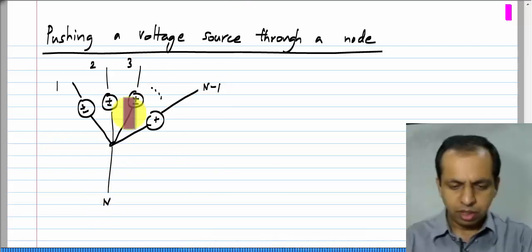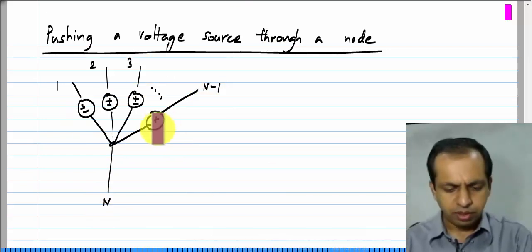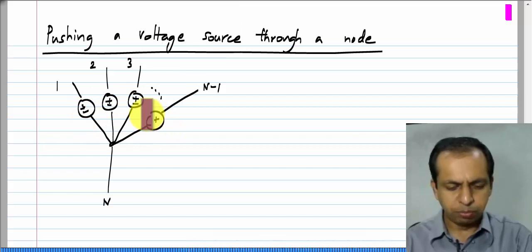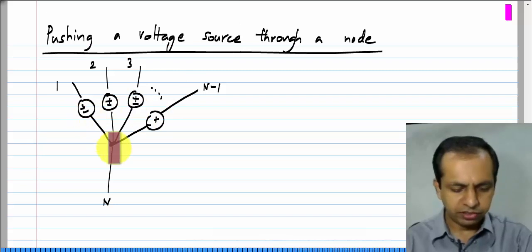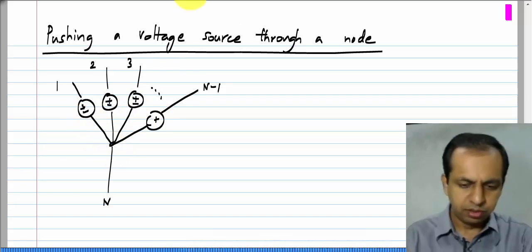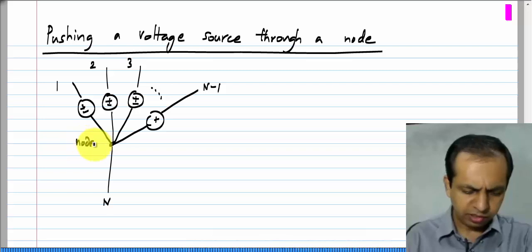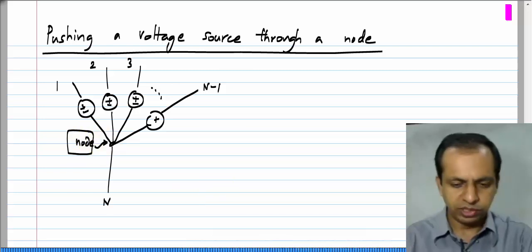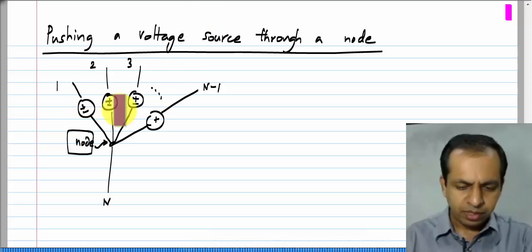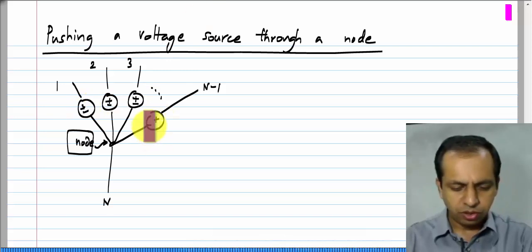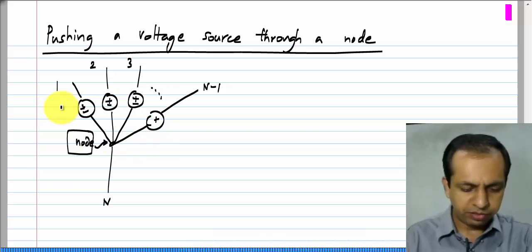And in n minus 1 of them there are these voltages with the same polarity. That means that the negative is connected to this node here. This is the node of concern. There will be other nodes in the circuit, but this is the node we are focusing on, and there are a number of voltage sources, all of them defined negative towards the node, and also all of them have exactly the same voltage V naught.